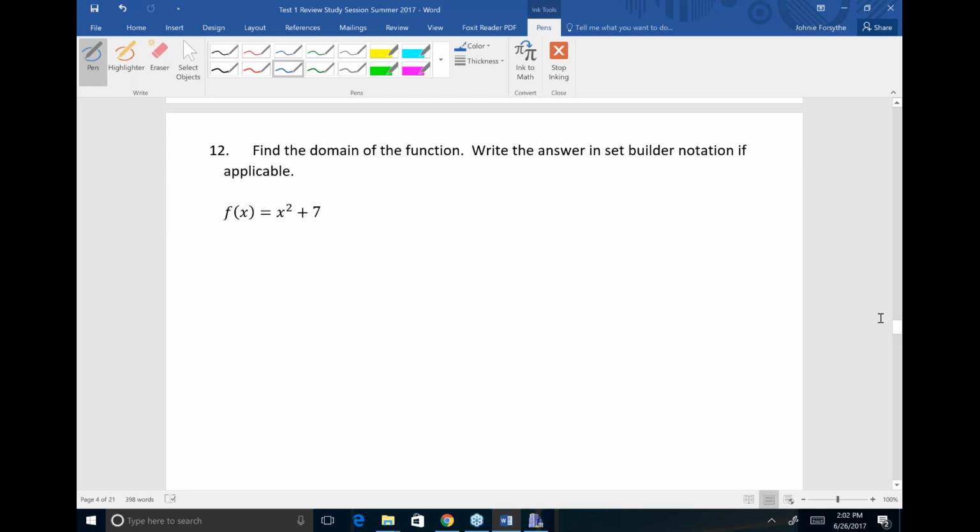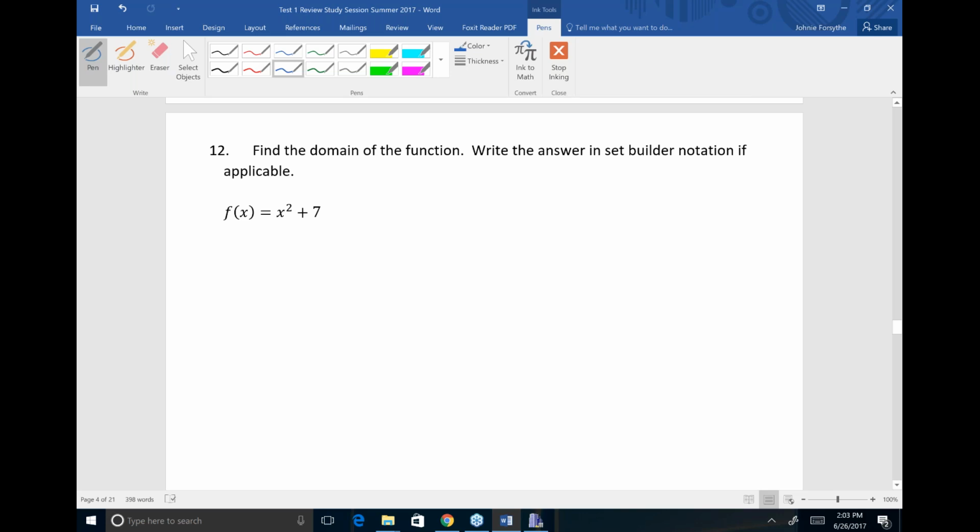Okay, domain. So to find the domain of a function, there are two major things you want to be on the lookout for: square roots and denominators. So if you don't have a square root and you don't have a denominator, like a fraction with a variable in the bottom, it's going to be all real numbers. So for example, this function does not have a square root, doesn't have a denominator.